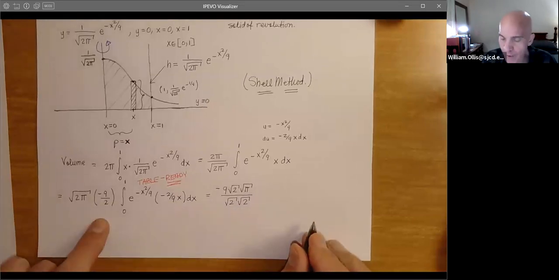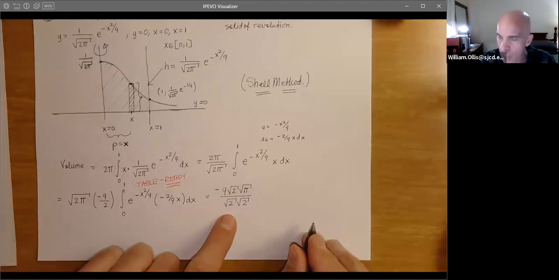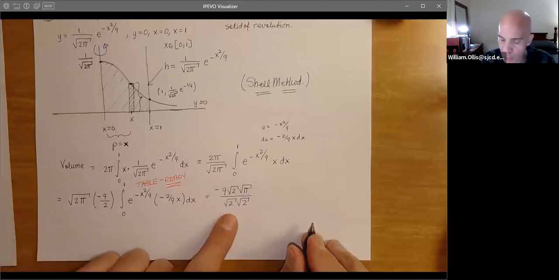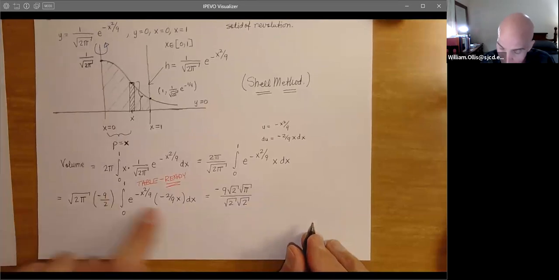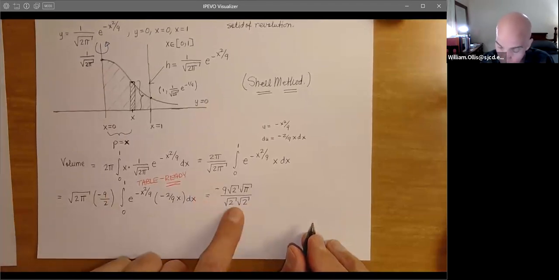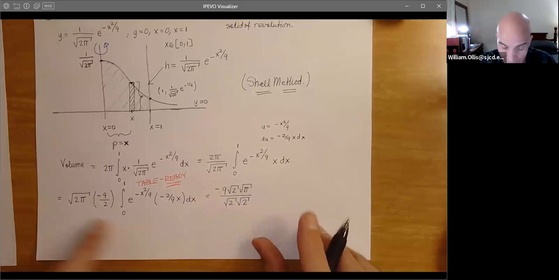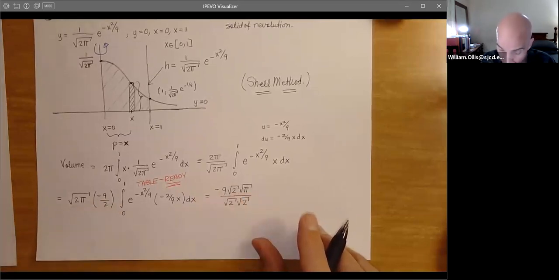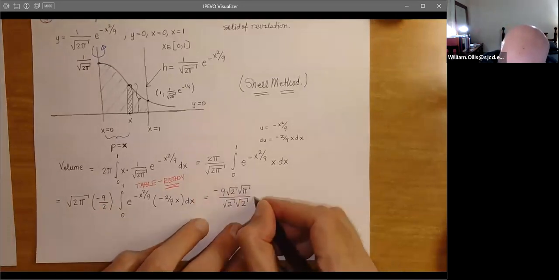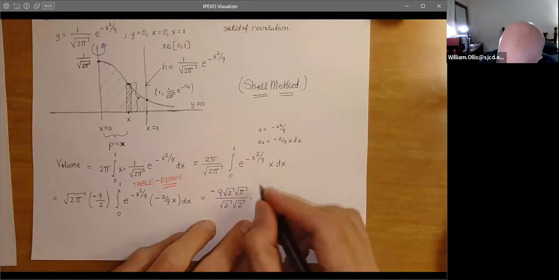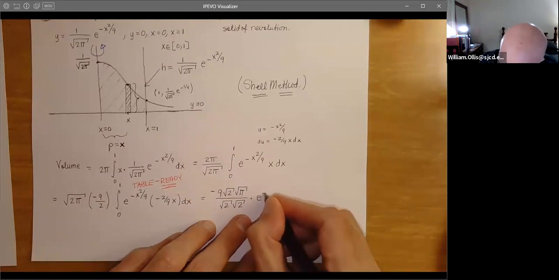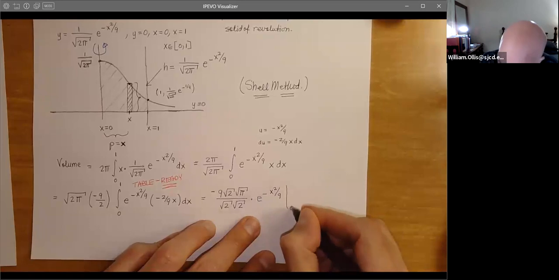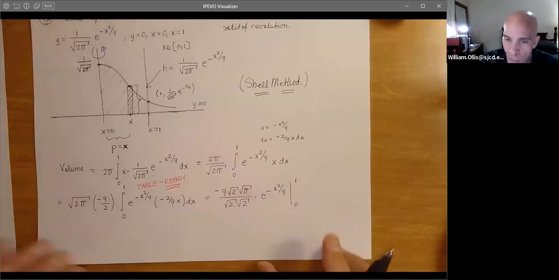Lots of times, if you just factor things, it's easier to reduce them without making mistakes. Just go ahead and use your laws of exponents. So we've got the negative 9, and we wrote the 2 as 2 factors of square root of 2, and then we wrote the radical here as the product of the square root of pi and square root of 2. And so this will just give us e to the u. So we have e to the negative x squared over 9. And we really do like our limits of integration, 0 to 1.